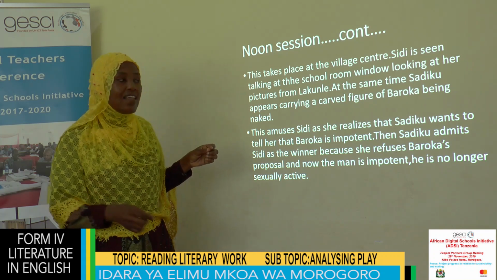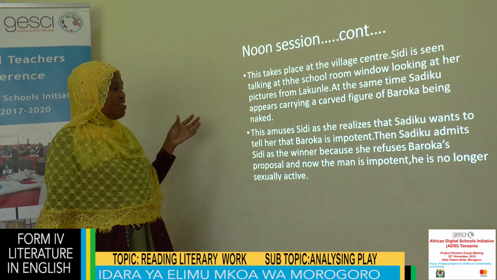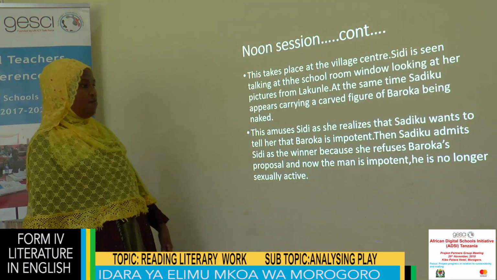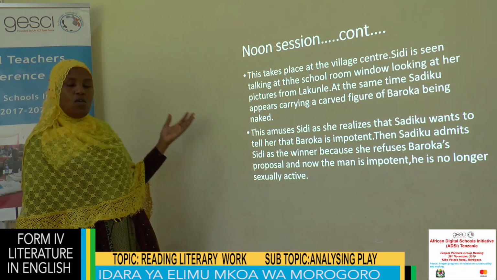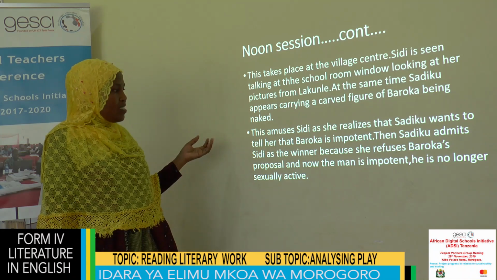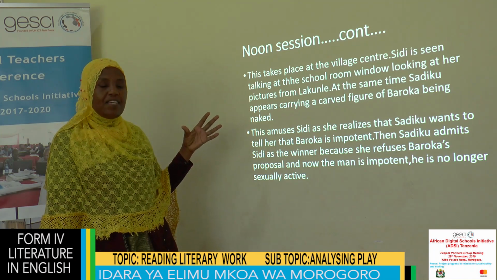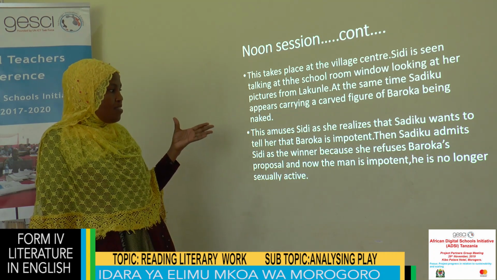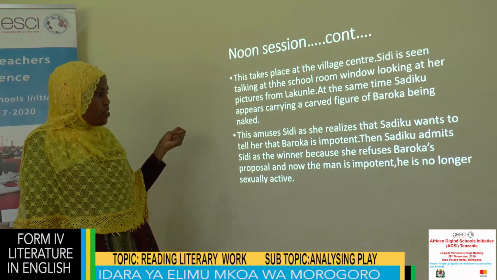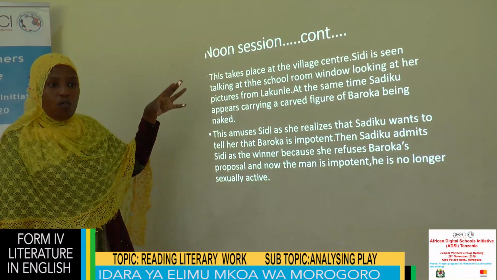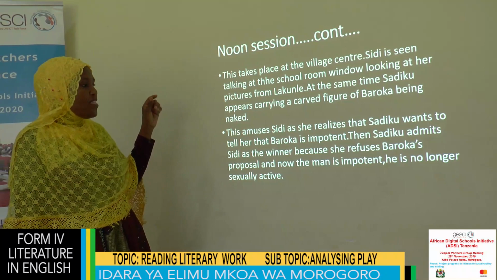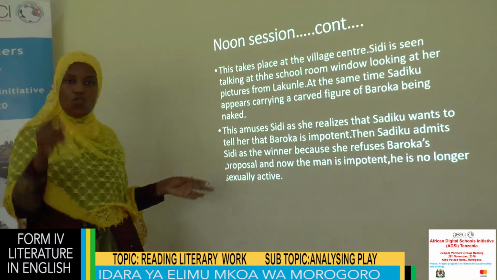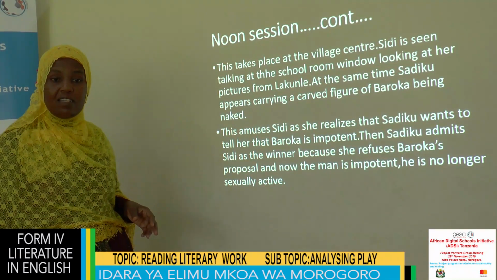Sadiku is going to tell her that Mr. Baroka is impotent. That means the man is no longer sexually active. Sidi was amused with such a habit, but after realizing that, Sadiku tried to employ another trick of saying: you Sidi, do not get angry.